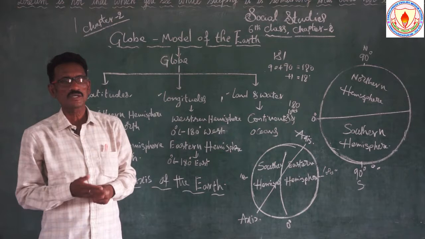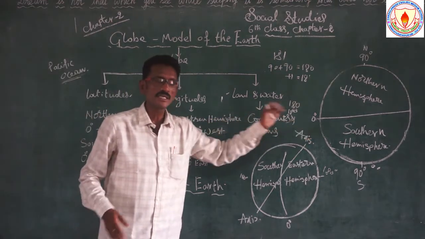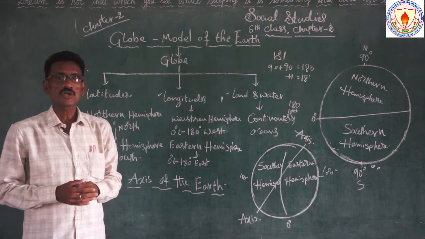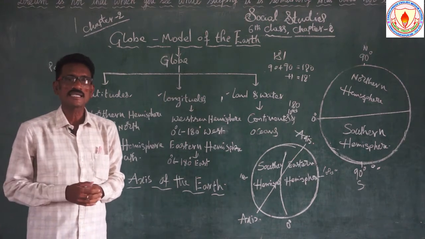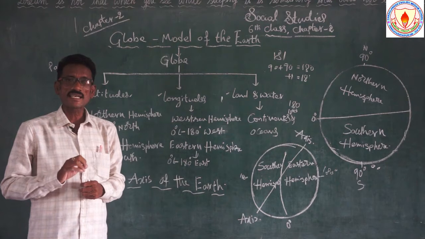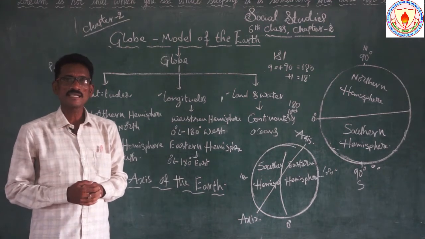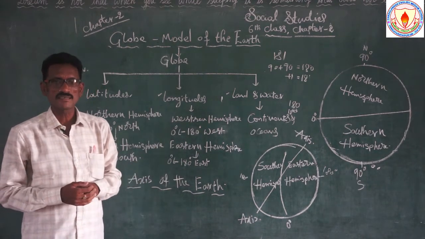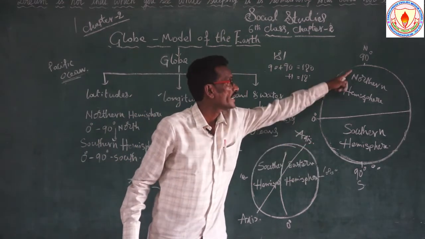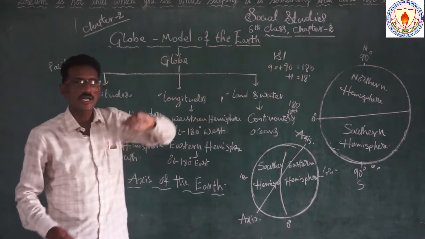Taking the southern part, the 23.5 degrees south latitude is called the Tropic of Capricorn, and the 66.5 degrees south latitude is called the Antarctic Circle. 90 degrees south is called the South Pole, and 90 degrees north is called the North Pole.